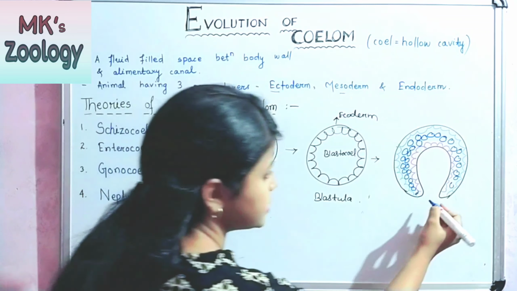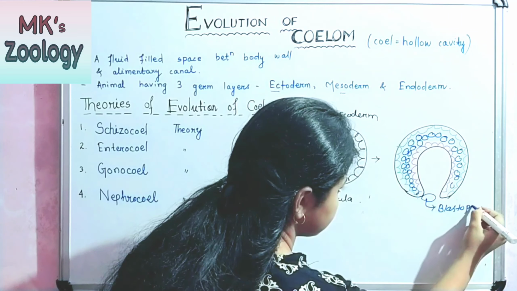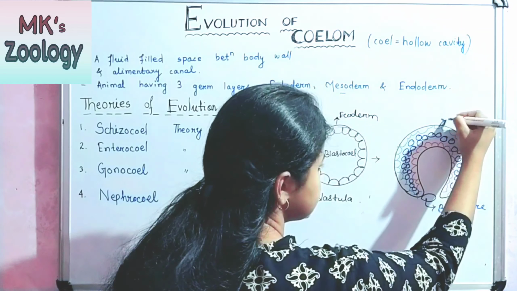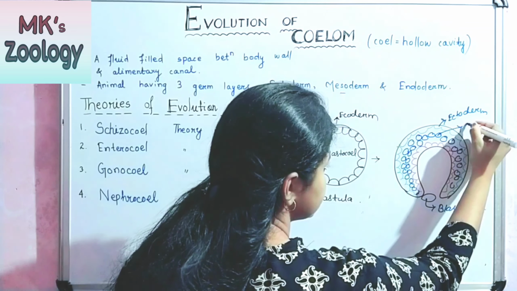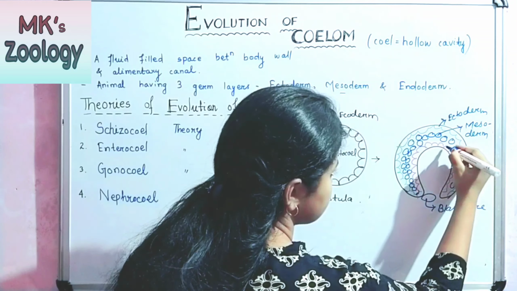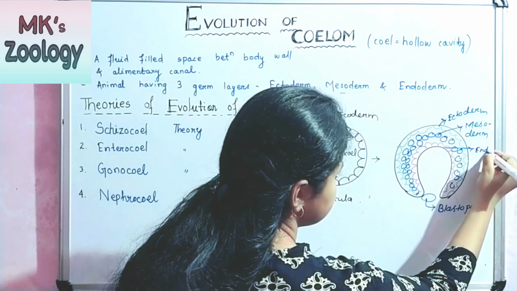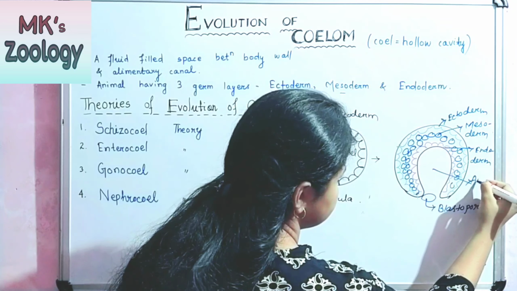Okay, and this is your blastopore. This is ectoderm. This is mesoderm. This is endoderm. And this is archenteron.